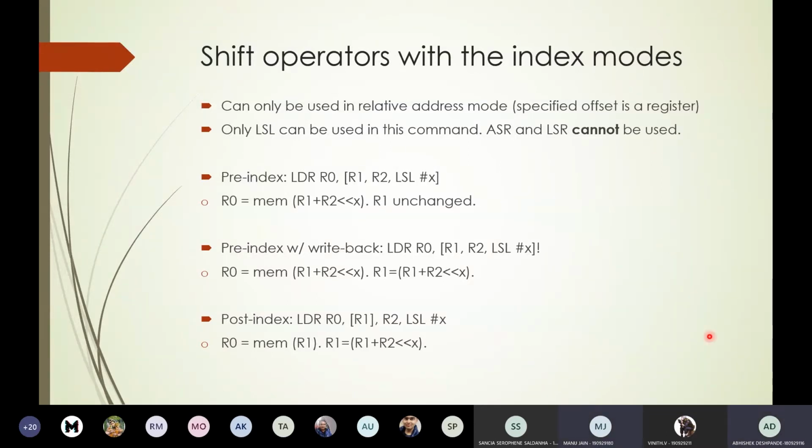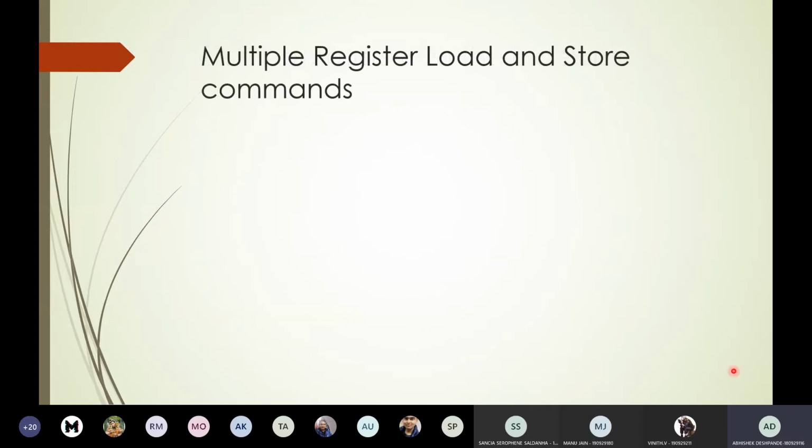So now we have multiple registers load and store command. Now the thing about this is, let's say you have a bunch of data in your memory and you want to load it in. Of course, you could write a load store instruction into a loop and then one by one load it into the registers that you need.